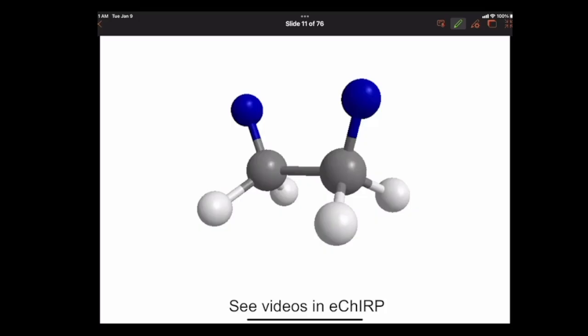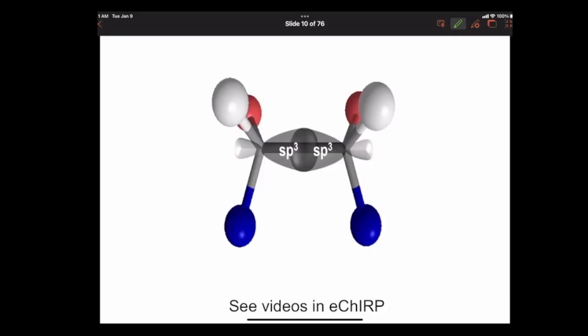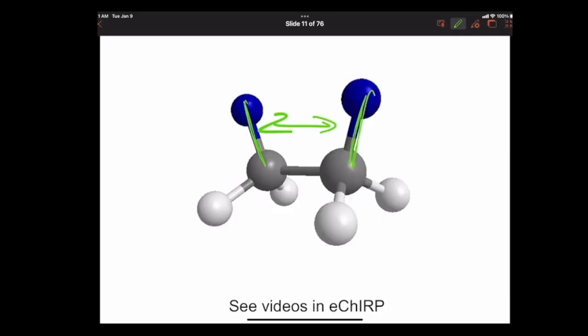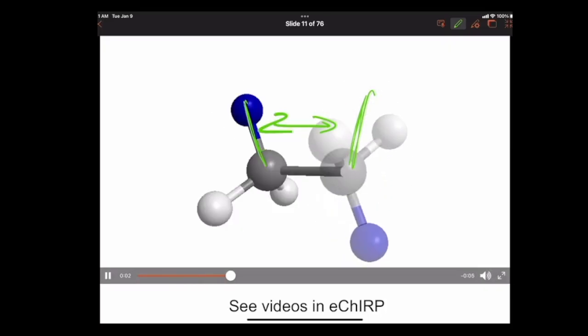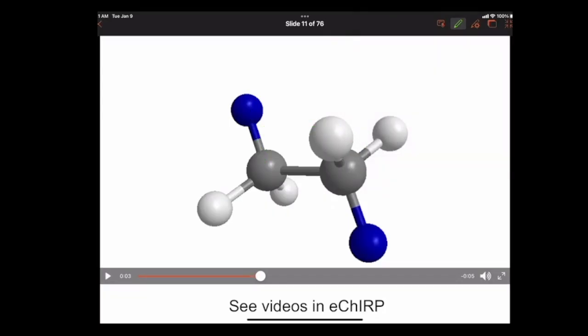What I mean is that this bond angle here and this bond angle here are right on top of each other. Versus, if I go through that rotation again, to this point here, I've aligned this bond and this bond. They're now 180 degrees from each other.